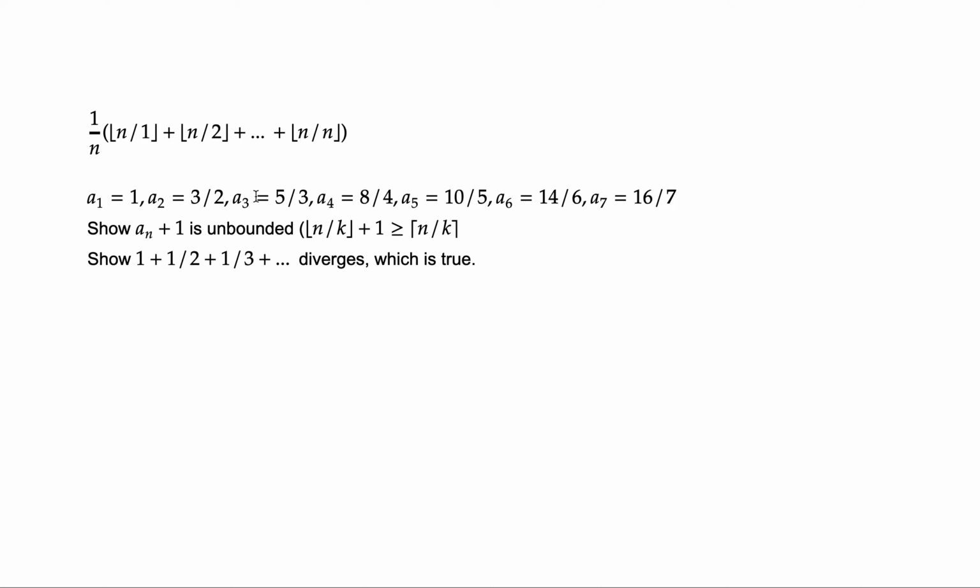We had 1 goes to 3 halves, increases, 5/3 increases, 8/4 increases, and then 10/5 stays the same, but that means it doesn't decrease. 14/6 increases, and then we only got 1 decrease at 16/7.